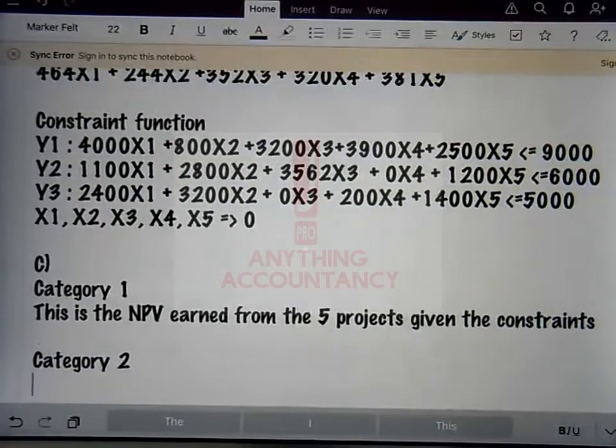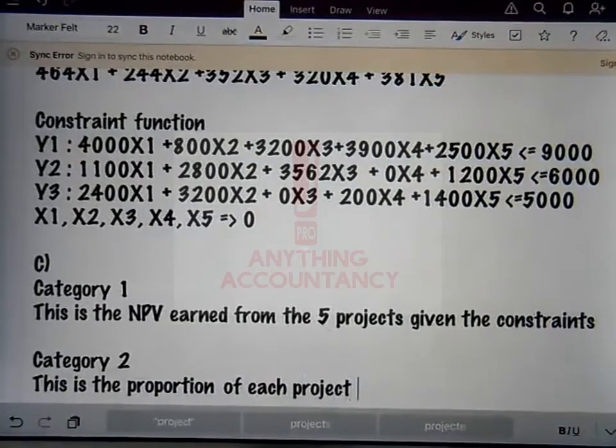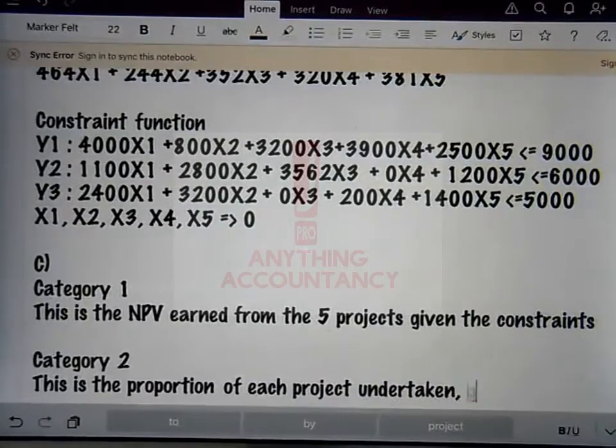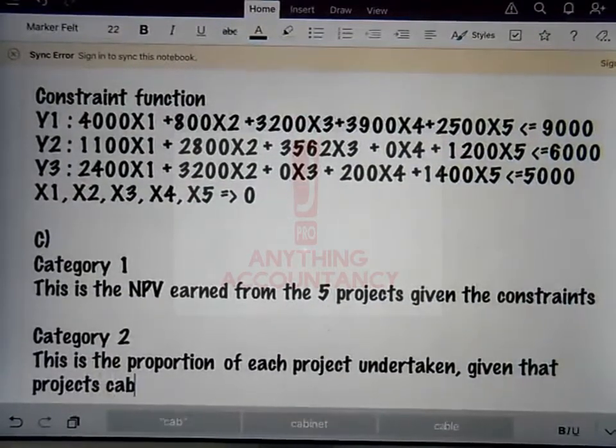Two, of each project undertaken, given that projects can be.